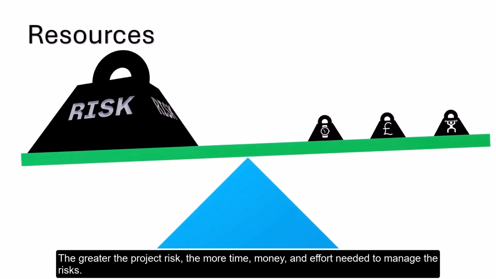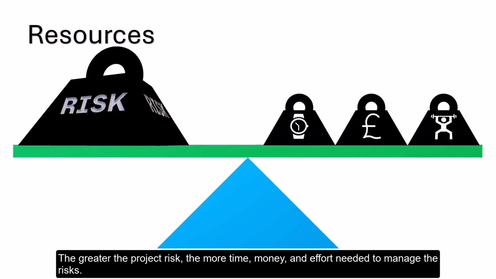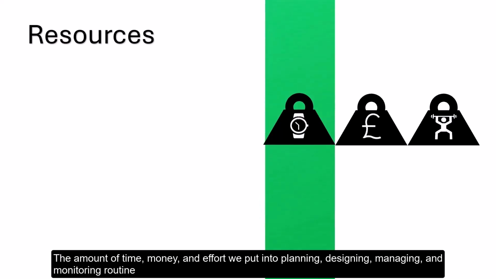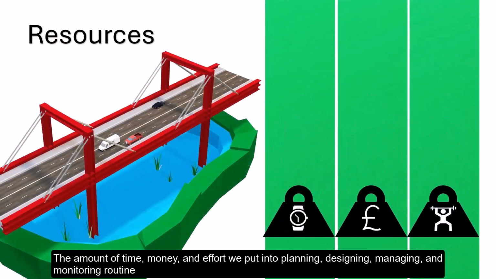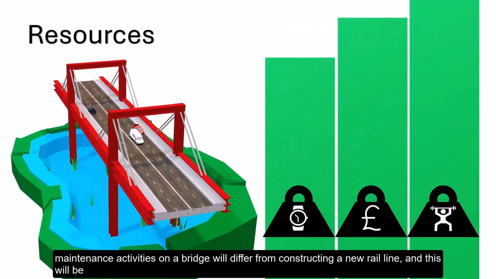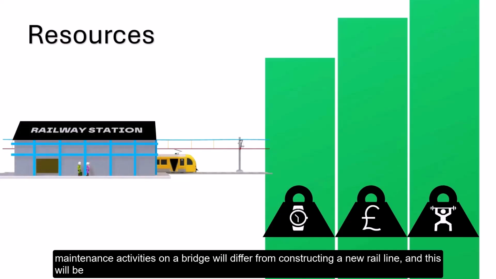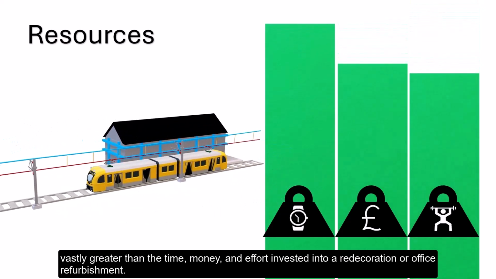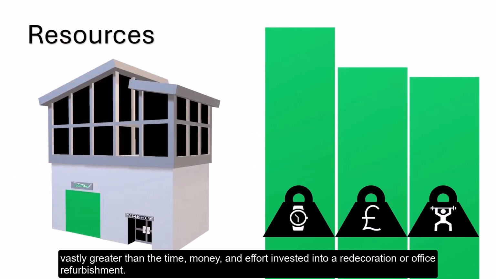The greater the project risk, the more time, money, and effort needed to manage the risks. The amount of time, money, and effort we put into planning, designing, managing, and monitoring routine maintenance activities on a bridge will differ from constructing a new rail line. And this will be vastly greater than the time, money, and effort invested into a redecoration or office refurbishment.